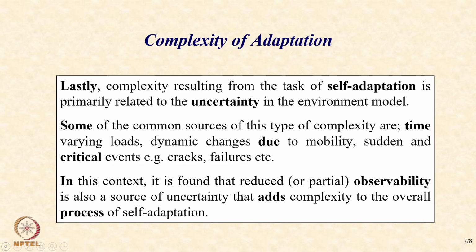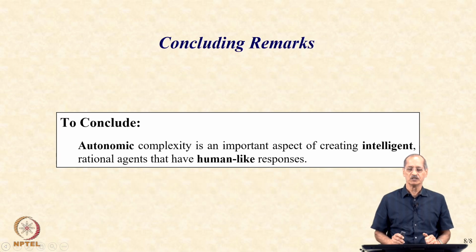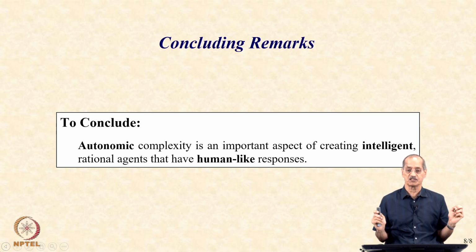So, to wrap up this part and conclude, we can say that autonomic complexity is an important aspect of creating intelligent rational systems that have human-like responses, and we will need to consider all these aspects in the step of implementation of our agent design that ultimately we are going to convert into physical hardware and a realized product. So, with that we come to the end of this session.